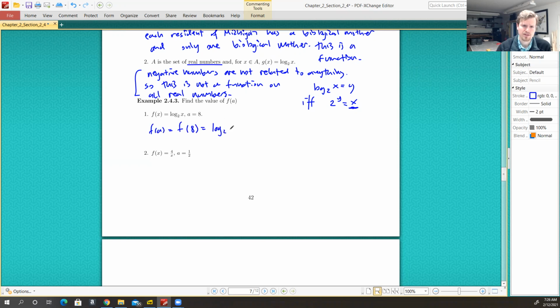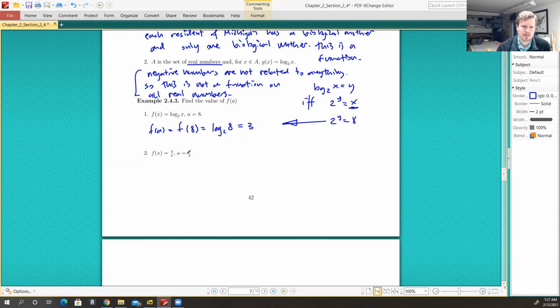That's logarithm base 2 of 8. We're familiar with the logarithm. Again, log base 2 of 8 is going to give us the number that, when we raise 2 to that number, we get 8. And that would be 3. We're looking for 2 to the y is equal to 8 in this case. So the image of 8 is 3.